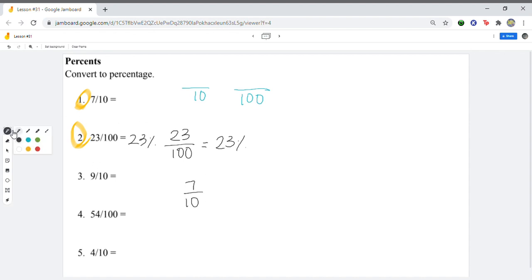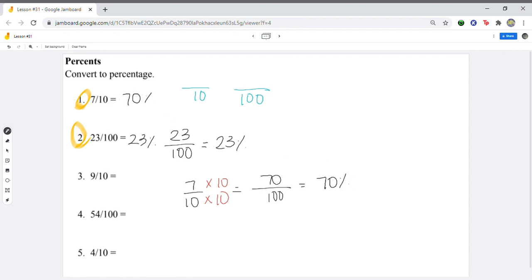So you multiply the denominator by 10, and you multiply the numerator by 10 also, because whatever you do to the denominator, you do to the numerator. So now you get 70 over 100, and now it's easy because we have 100 as our denominator. Now that we have 100 as a denominator, it just becomes 70%.